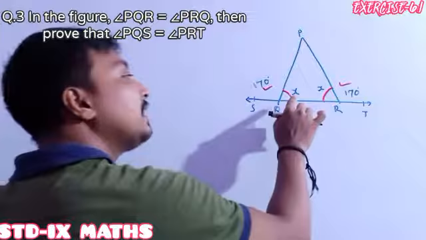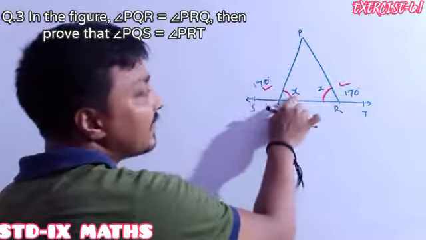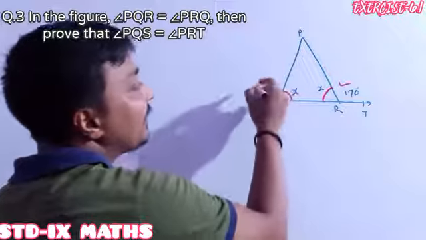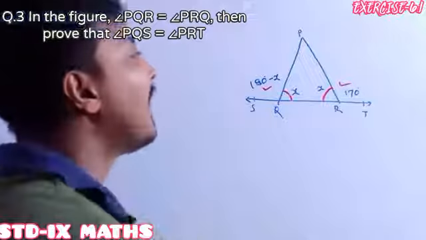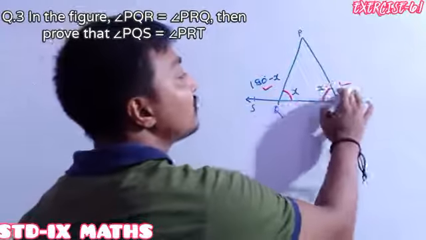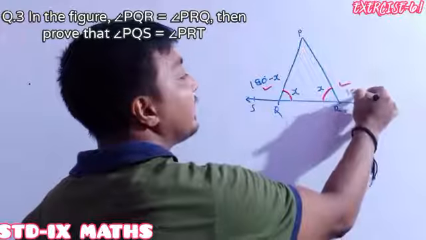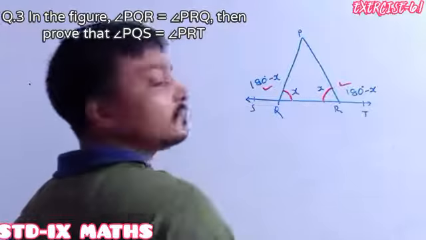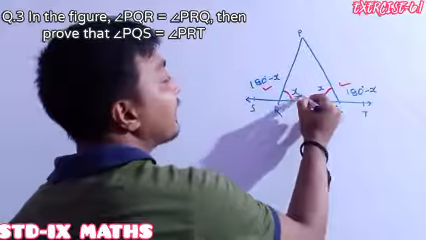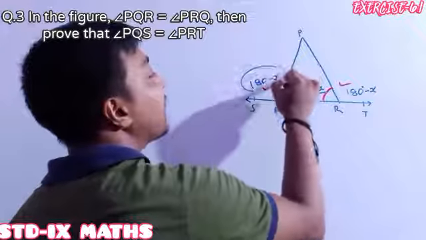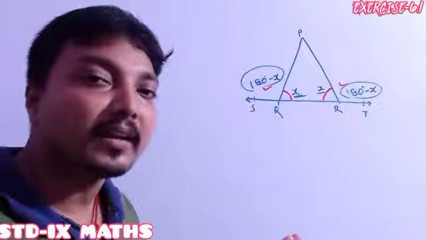Just like previously this angle was 10 and we got the other angle by 180 minus 10, in the same way we can now find this angle using 180 degrees minus x, and this angle also using 180 degrees minus x. Understood perfectly? So finally we got that as the two interior angles are equal, their exterior angles are also equal. Understood the proof of this one or not?